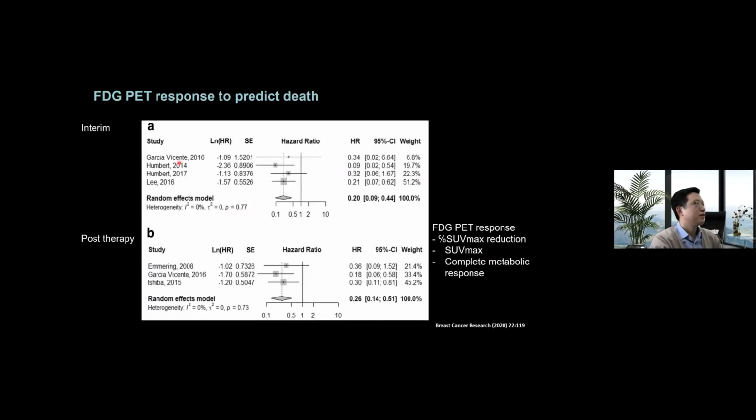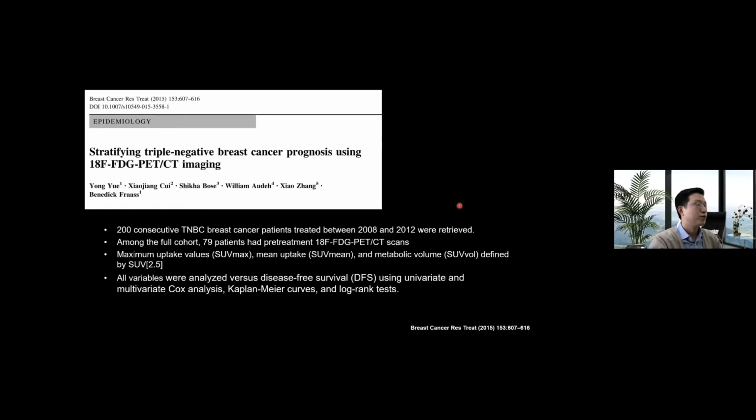And for overall survival, the interim scan showed a very nice predictive value, and the post-therapy scan showed a similar hazard ratio. So that being said, PET response during or after neoadjuvant chemotherapy was associated with patient survival. So we can say that with this meta-analysis, which has higher evidence than a single study.